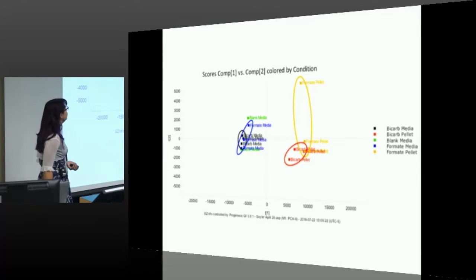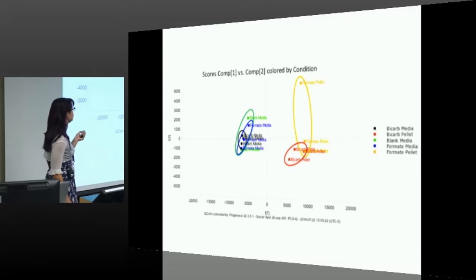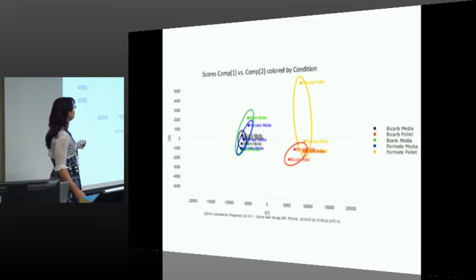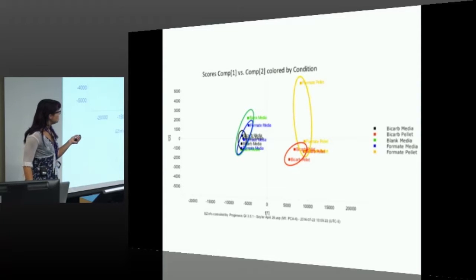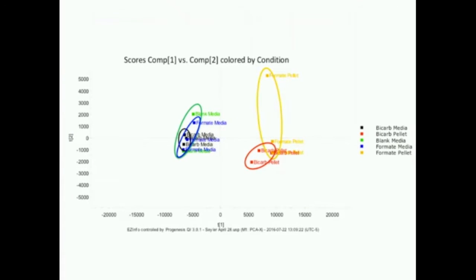Unfortunately, we didn't get as neat of a distribution here. So the media looks an awful lot like blank media, which means that if these cells are producing extracellular metabolites, they're not as easily distinguished from the rest of the media. And also, we couldn't really tell much of a difference between the cultures that were fed 13C labeled formate and the cultures that were fed 13C labeled acetate.